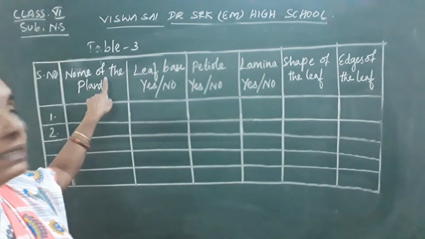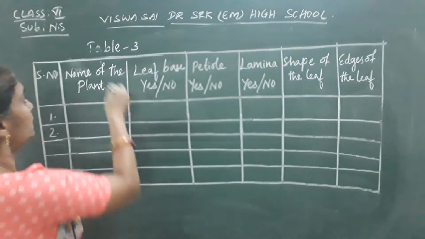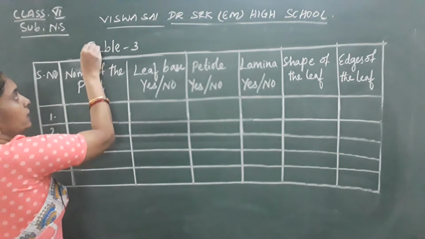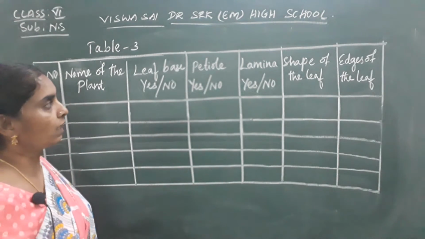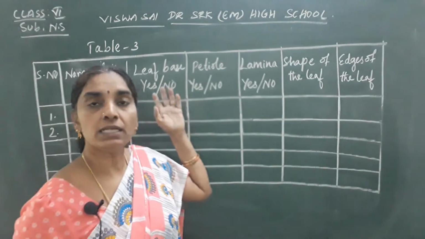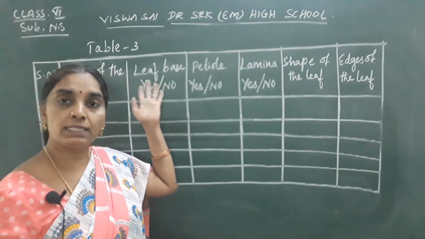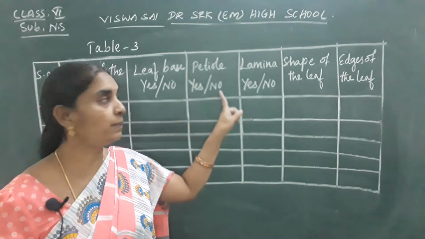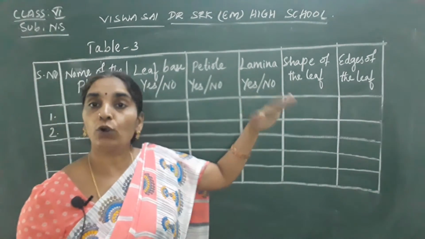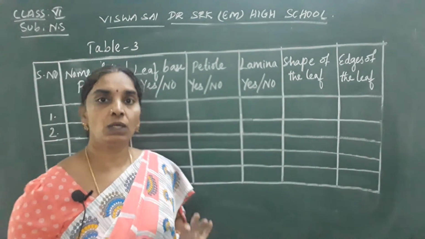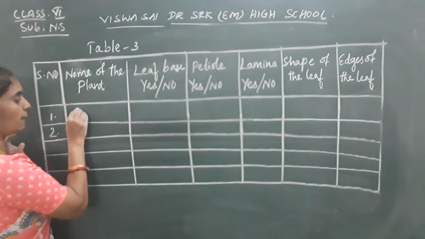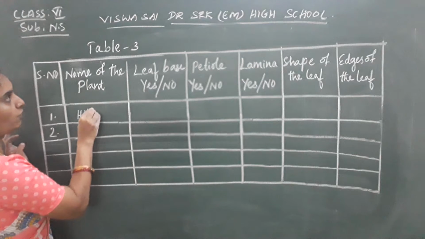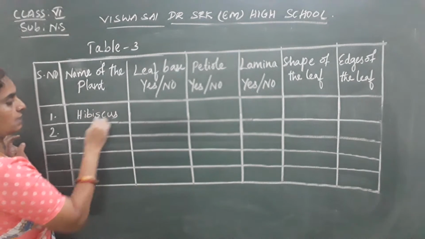See the table number 3, children. Here in table number 3 you can find the different plants, leaves you have to note down and write there whether the leaves contain leaf base, petiole, lamina, and what is its shape and edges. Okay, let's start now. We have already seen the shape of hibiscus leaf, isn't it? Name of the plant is hibiscus.